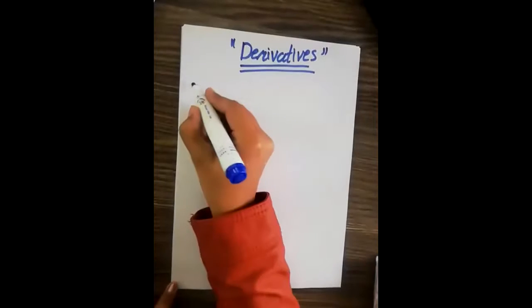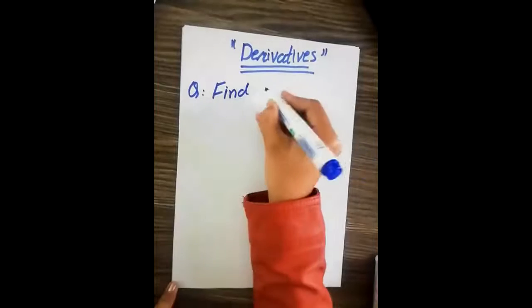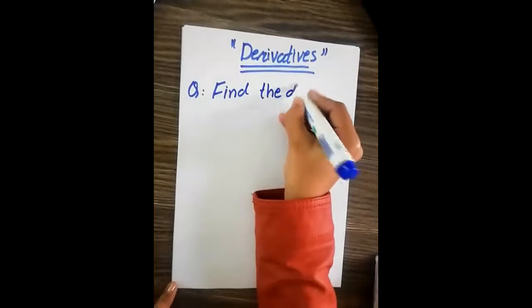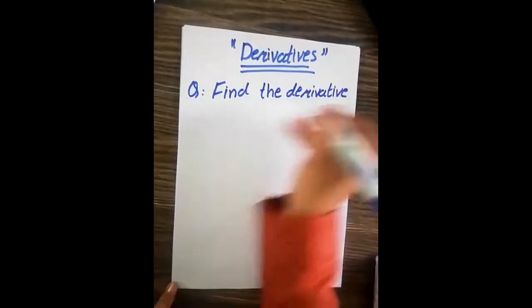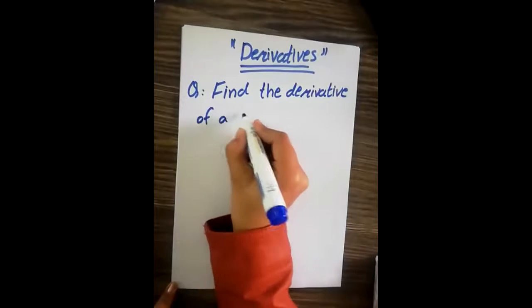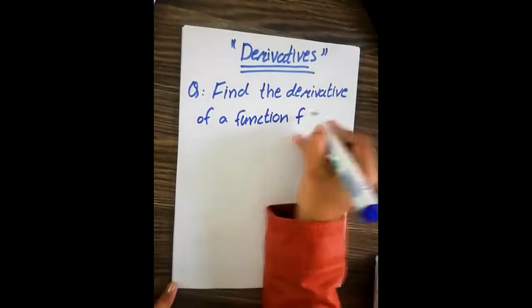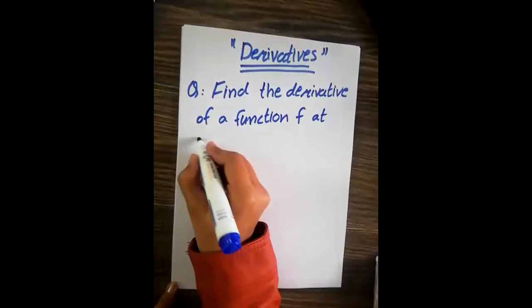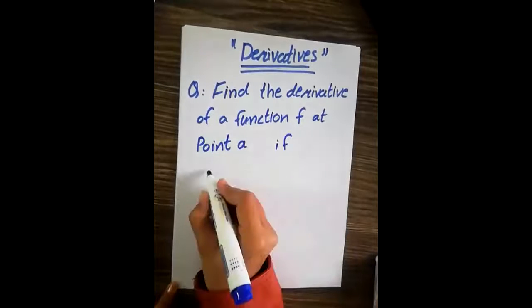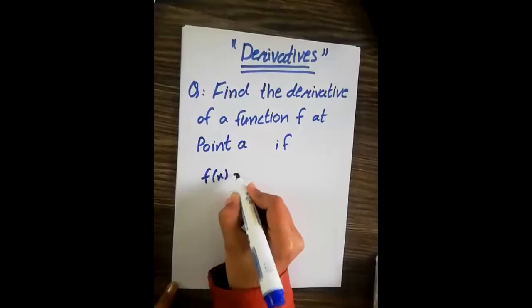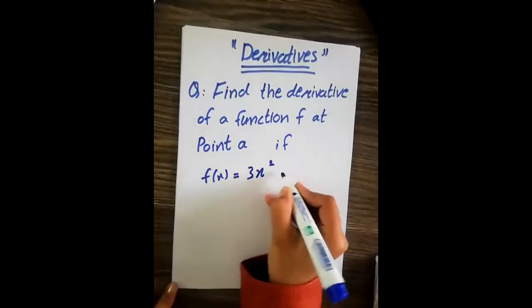So, the question here is: find the derivative of a function at point A if f of x is equal to 3x square minus 4x plus 1.